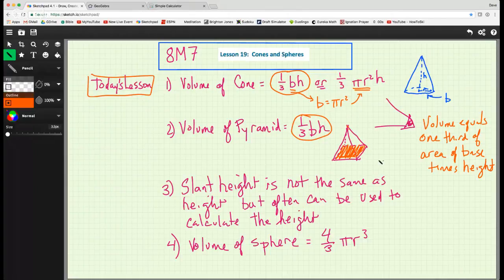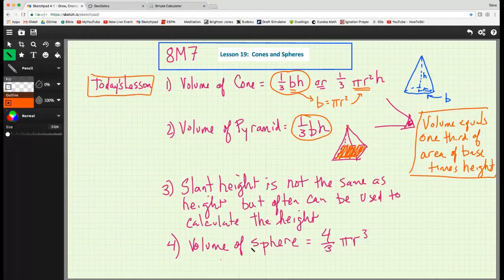And we have a problem where we work this problem as well. So the way you say it in English is the volume equals 1/3 of the area of the base times the height. And that's true for cones and pyramids.